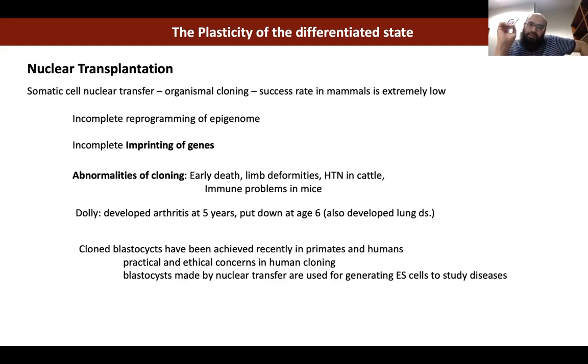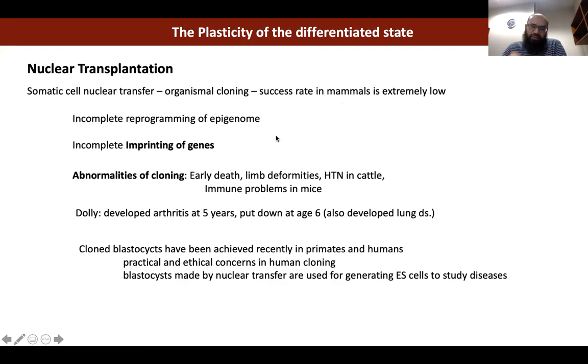One of the problems with somatic cell nuclear transfer was that the epigenome reprogramming, or the imprinting of genes, was incomplete, and that was considered to be the most likely cause of failure in the success of this organismal cloning.